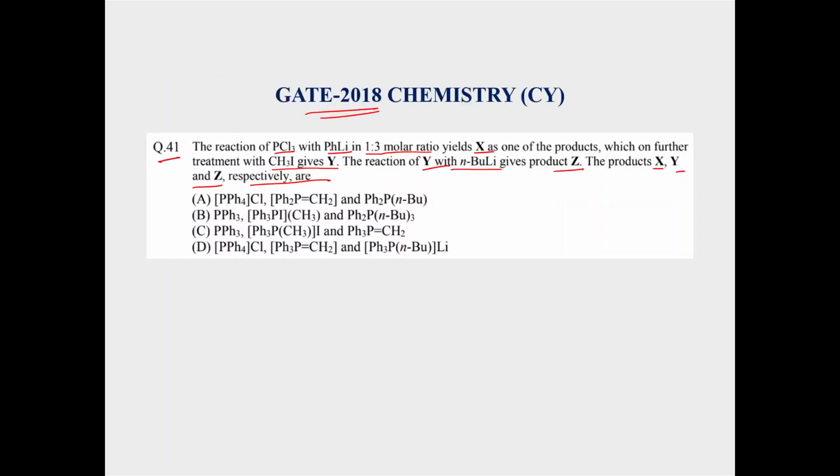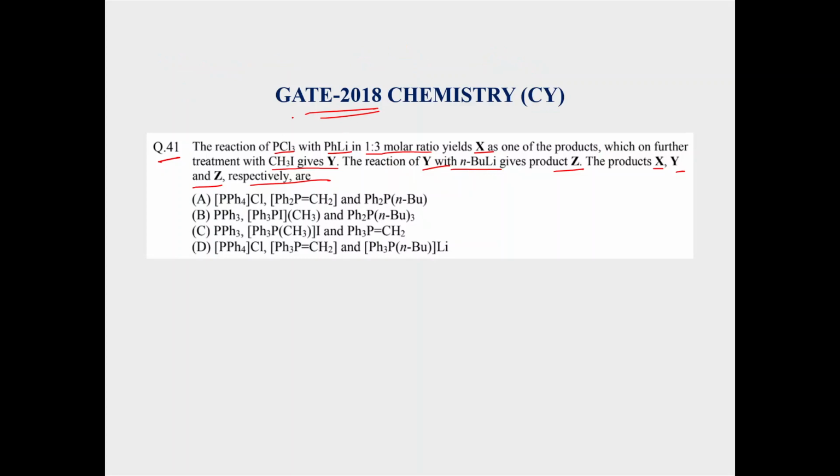Also, in the equation they have given the reaction as 1:3 molar ratio. So 1 mole of PCl3 is reacted with 3 moles of PhLi. So what it does is it will lead to the removal of 3 LiCl and PPh3 will form.